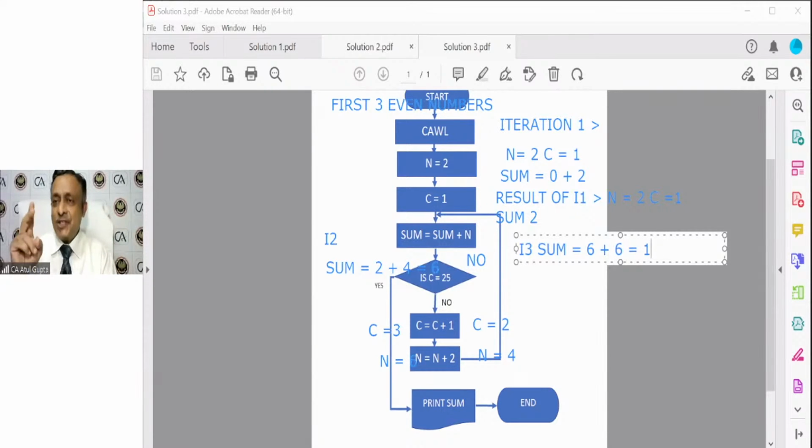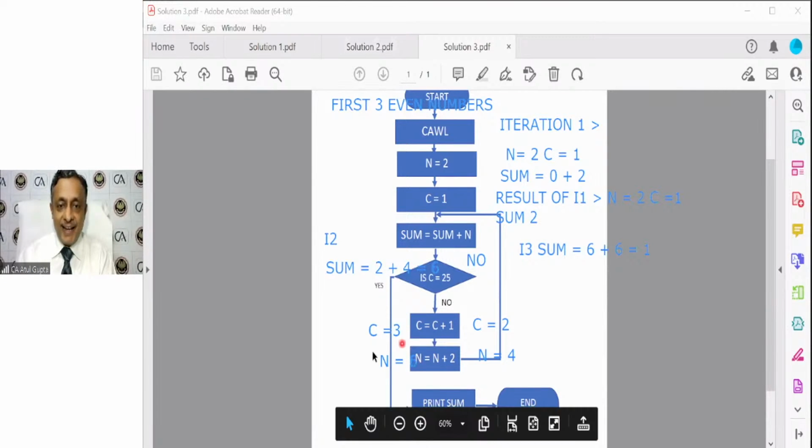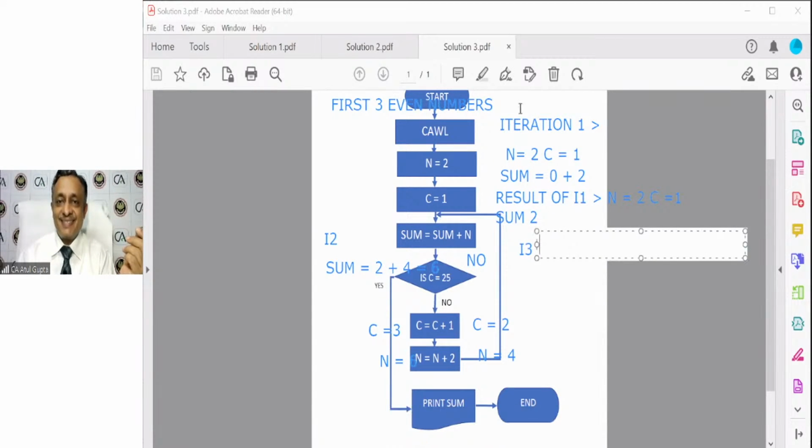Sorry, N is 6. I'll just show you here. N value is now 6. So we always learn. So sum becomes the 6 from the previous phase plus the new value of N, that is 6.